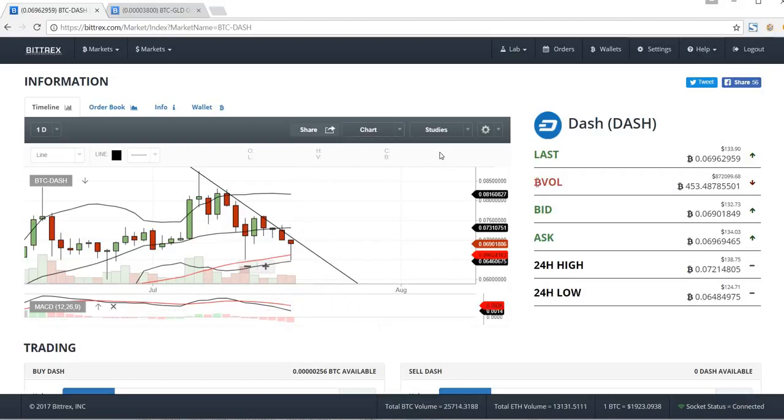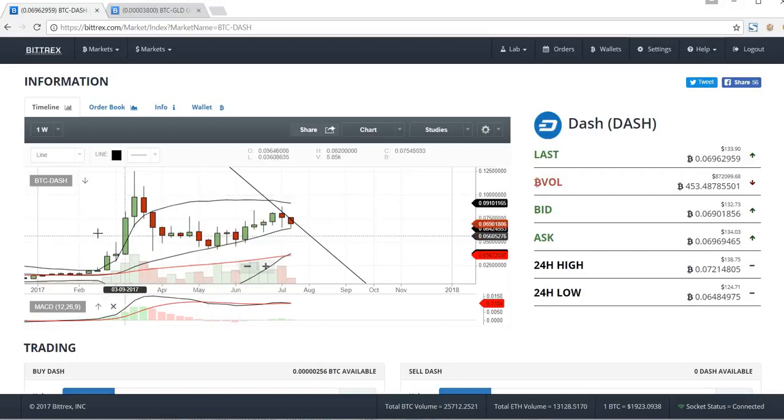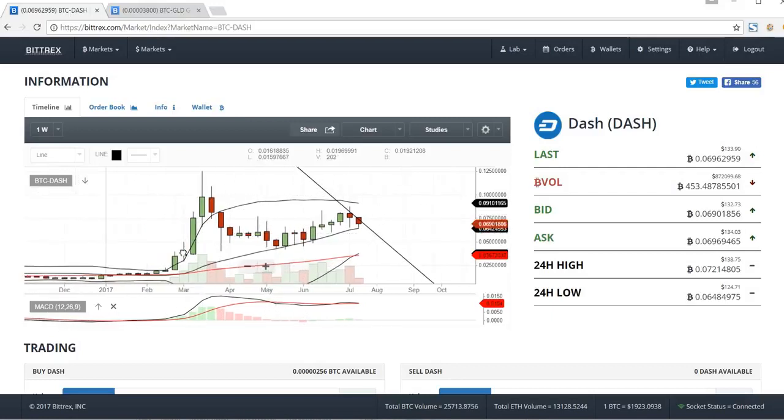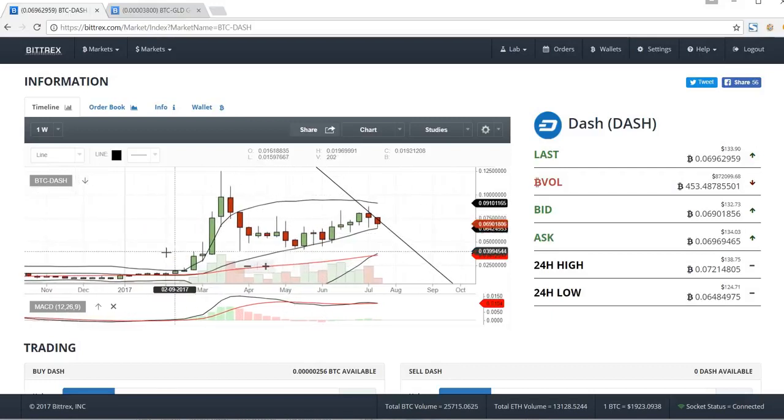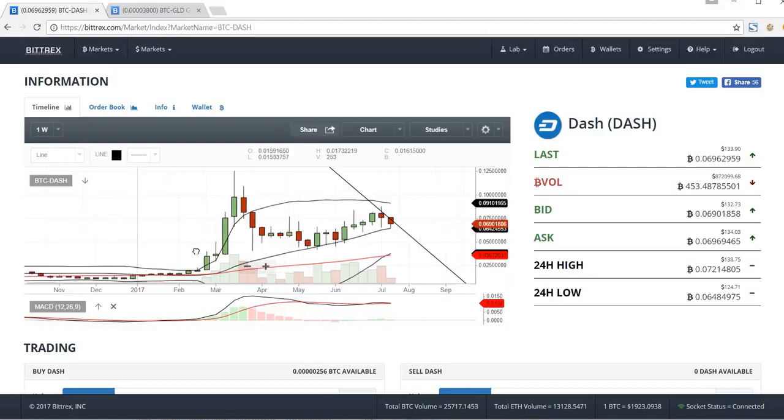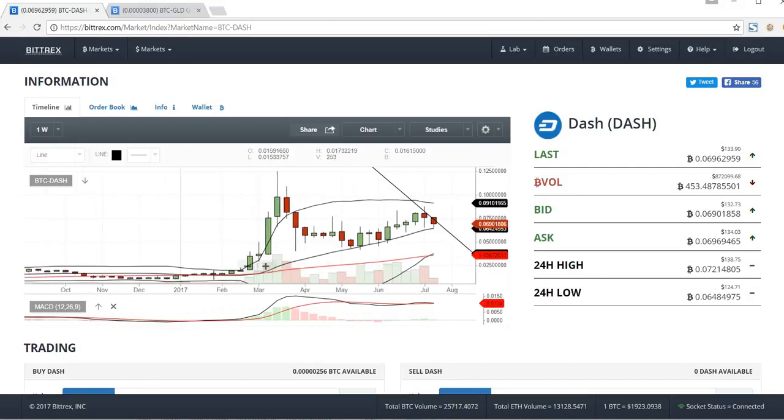So those are the indicators I'm using, and you can also switch to the weekly. There's the weekly, and then we have to go back quite a bit to find a perfect buying opportunity.